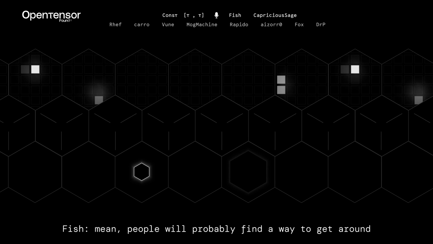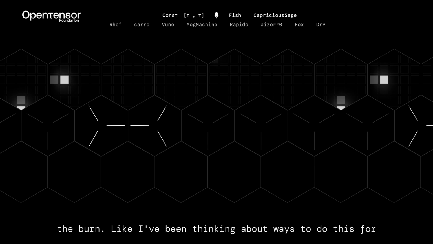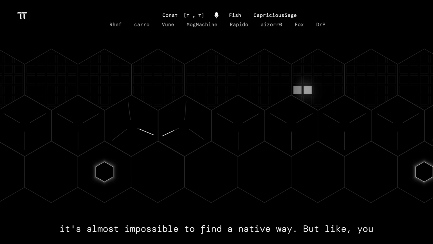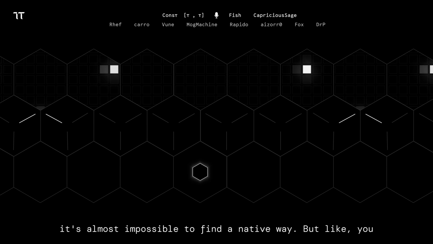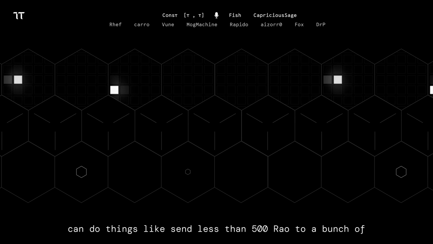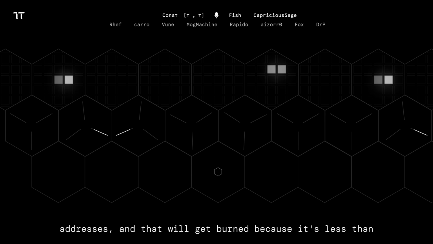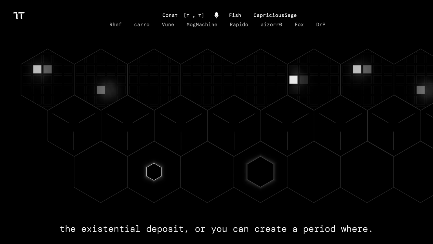I mean, people will probably find a way to get around the burn. I've been thinking about ways to do this for the last week now. Without it integrated into Subtensor, it's almost impossible to find a native way. But you can do things like send less than 500 RAO to a bunch of addresses, and that will all get burned because it's less than the existential deposit.